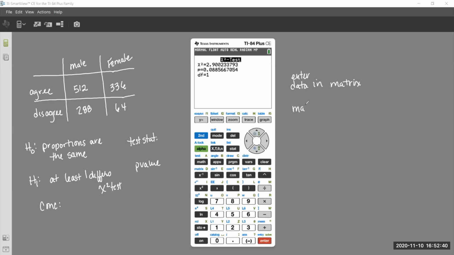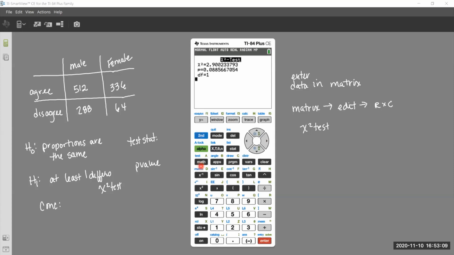The first few times you might need to look at your notes. After you've looked at them a few times, you usually don't need to. Again, you can use your formula packet, which actually has it in there, and you can put some notes on your formula packet. That's fine. And then we're going to do our chi-square test.